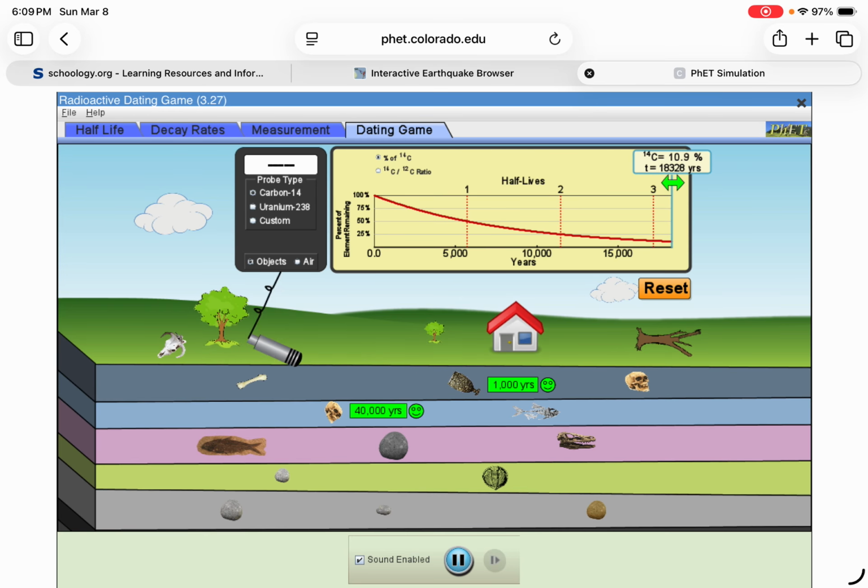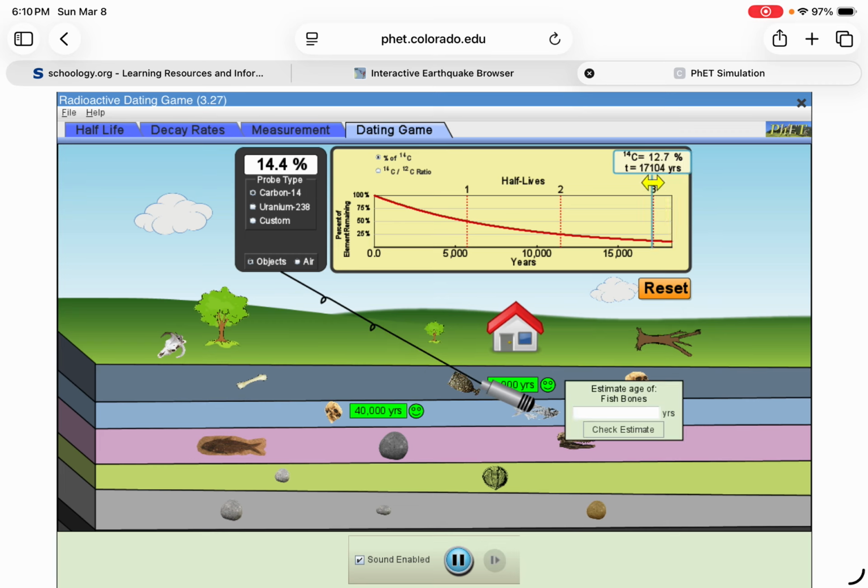Okay. So there's this game that you can play around with and figure out how old things are. This is sort of how carbon dating works: we look at how much carbon-14 is there and figure out how old it is from all the other points of data that we have.